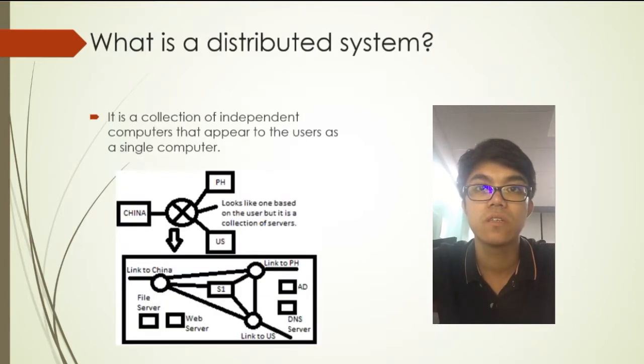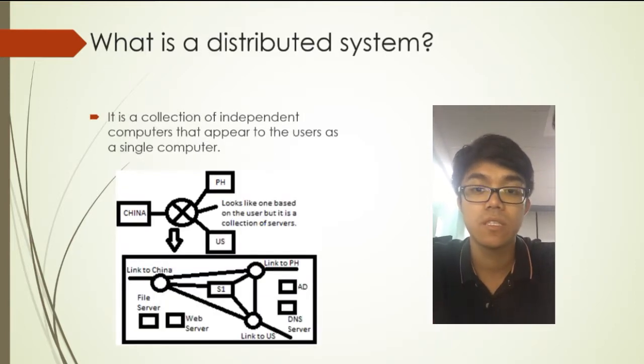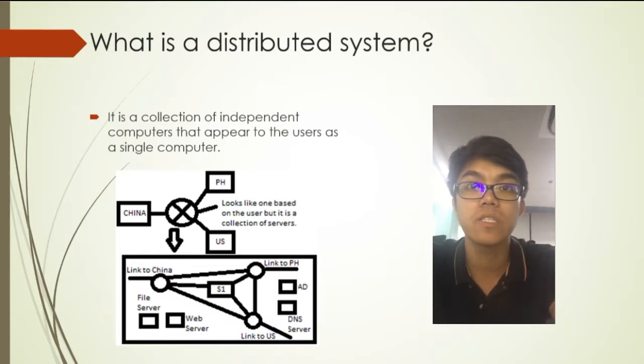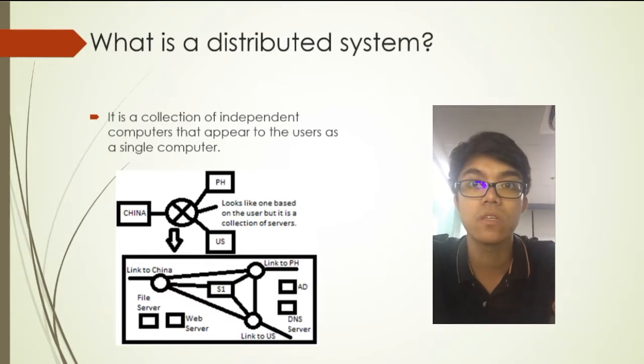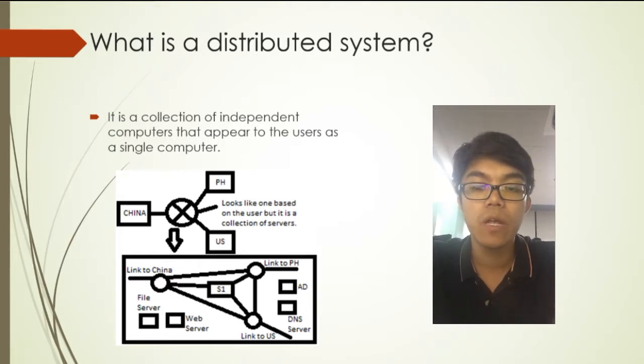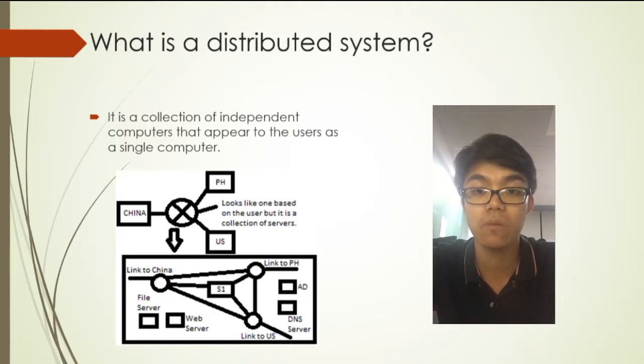Next one is, what is a distributed system? A distributed system is a collection of independent computers that appear to the users as a single computer. Now we will enlarge the previous slide. The router that PH, China, and US are connected with, we don't know what's inside of that particular connection or router, or maybe a cloud.